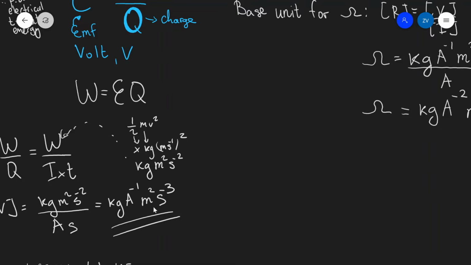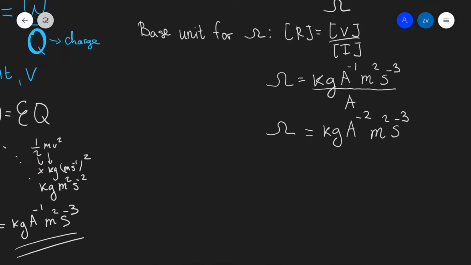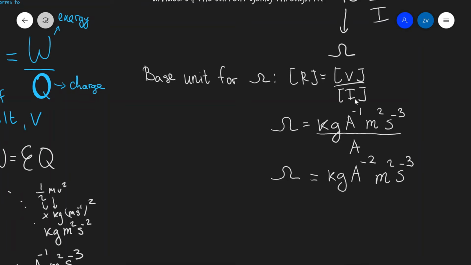Now if we take this unit and all we need to do is divide it by the base unit of current, which is amps, and what we're going to get is kilograms A to the power of minus 1 divided by A again is going to give us A to the power of minus 2, m to the power of 2, s to the power of minus 3 for the base unit. It's really important that you guys remember how to derive these, but please don't attempt to remember all of those symbols and powers.